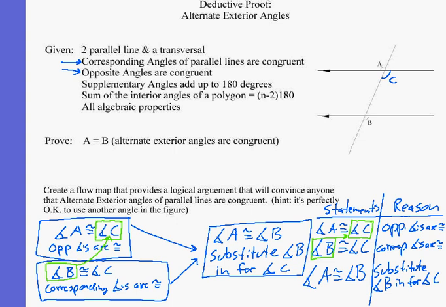And again, these are two different formats for the same proof. This is the two-column format, and this is the flow map format. Sometimes, I might ask for one or the other. Oftentimes, I give you the choice as to what format you want to use.